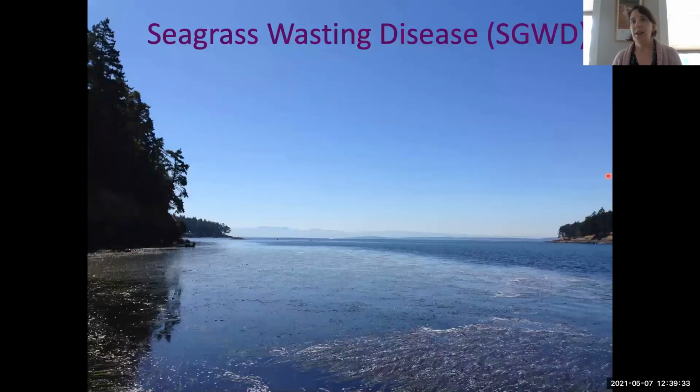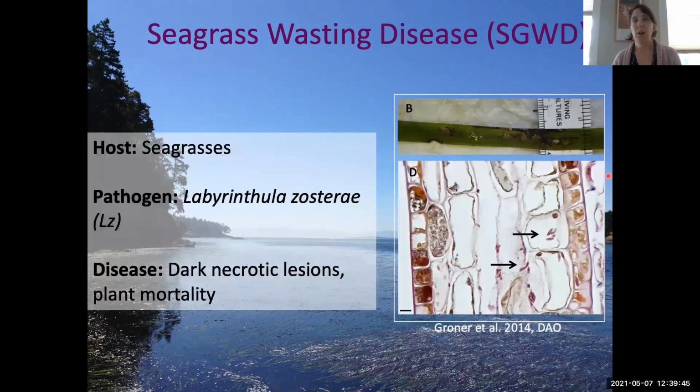So what is seagrass wasting disease? I do want to pause and say this is one of my favorite sites in the San Juan Islands. It's a really beautiful area if you ever get a chance to go there. The hosts are seagrasses, clearly. The pathogen is Labyrinthula zosterae, which I may refer to as Labby or LZ.